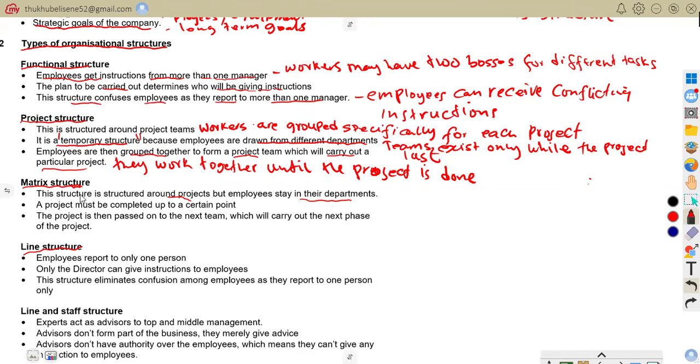That is that. A project must be completed up to a certain point. It means each team completes their assigned phase.